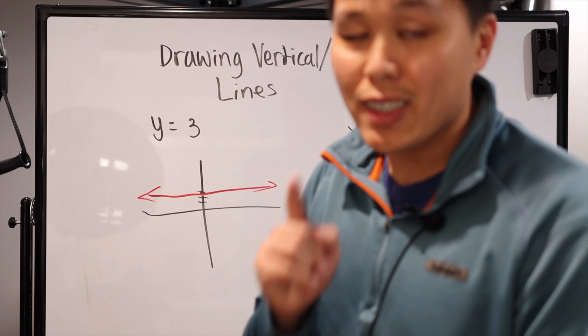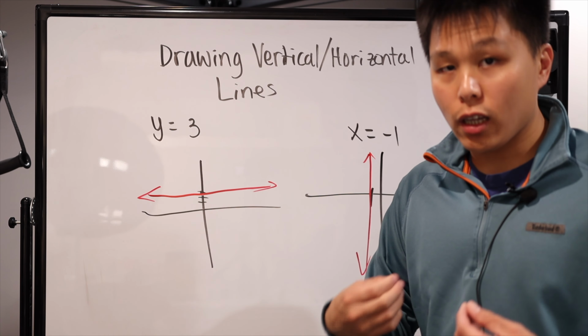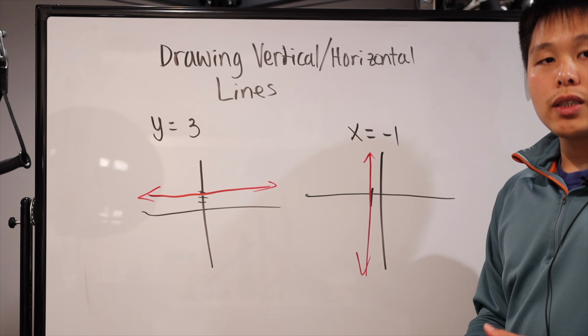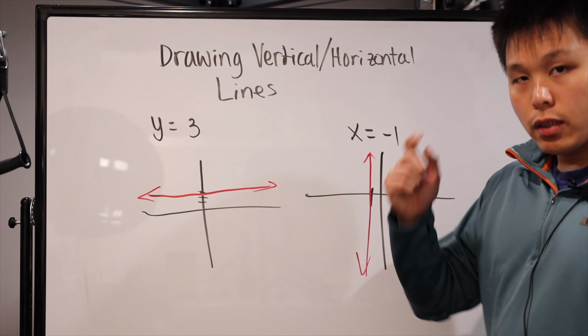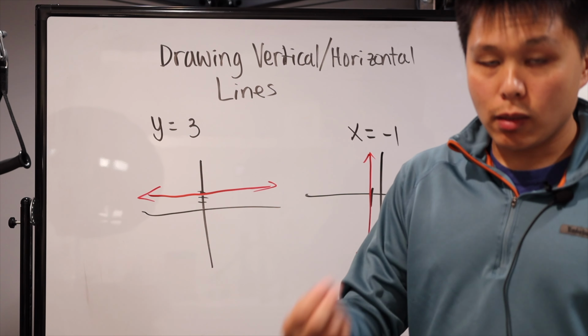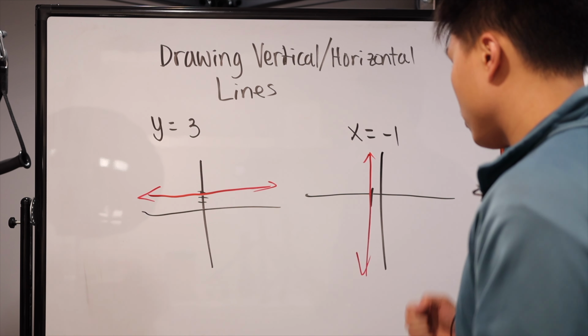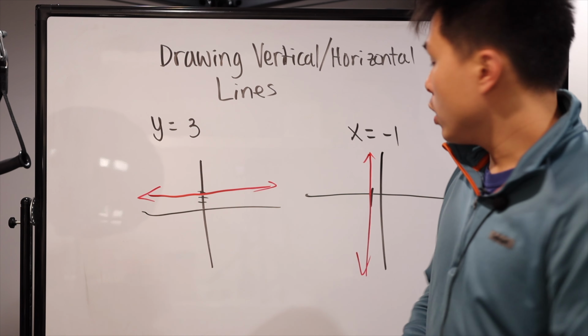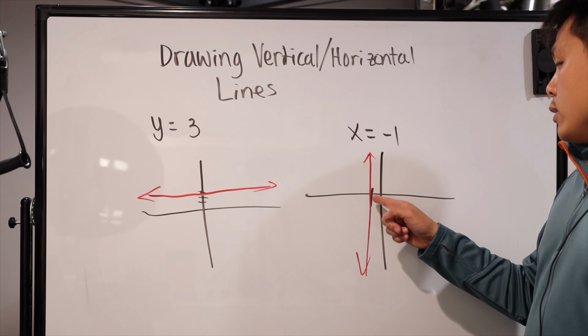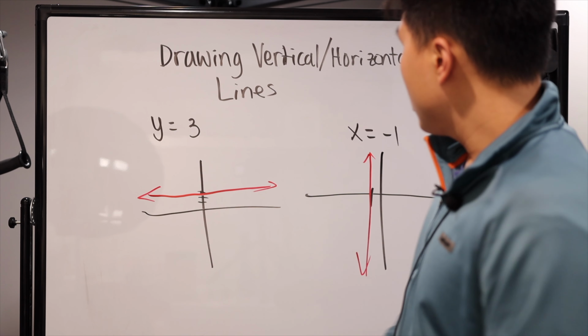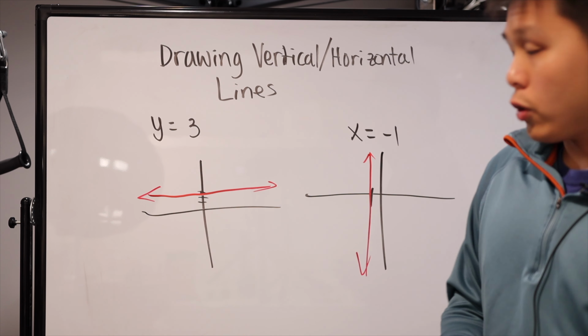That's the fatal mistake, the easy, careless mistake that a lot of us might accidentally make. Same with this one, x equals -1. It's very tempting to think that since we see x, it has something to do with the x-axis, so I must make it parallel. Not true. What you're trying to find is where x equals -1, and then you draw a line that is parallel to the y-axis, which is your vertical line.